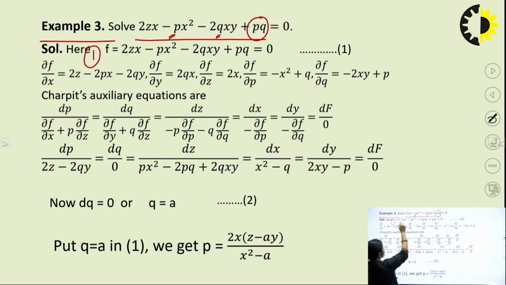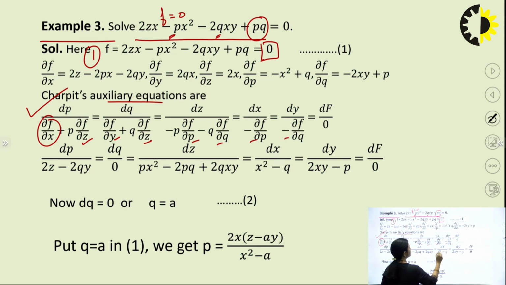Now what we have to do, the first step is to write the equation in the form f is equal to 0, meaning we have to make the right hand side equal to 0. This is our first equation. The next step is to find all the partial derivatives that will be used in the Charpit auxiliary equation. So first of all write the Charpit auxiliary equation and then find all these derivatives.